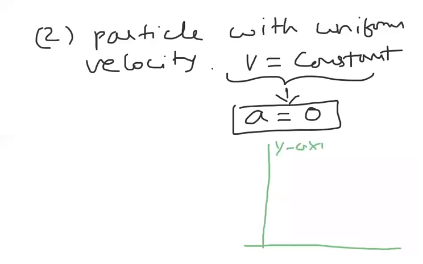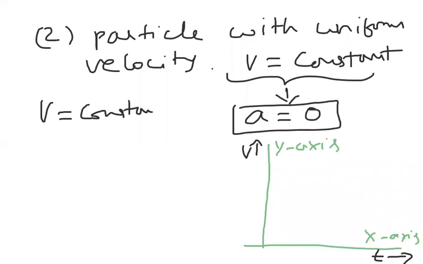So here this is the y-axis, this is the x-axis. On the x-axis we are taking time, and velocity we are taking here. Suppose the velocity value is constant. Let us say it is u initially, and that value only we are taking as constant.